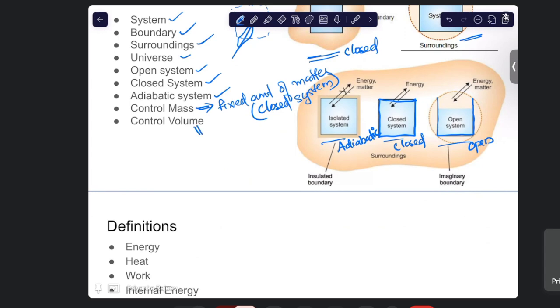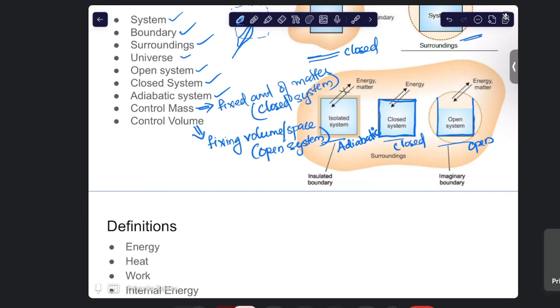Then you have control volume, which is where you are fixing the space or volume. That means it is an open system. For example, in the cup of coffee or tea problem, you can pour the coffee in or out of the cup, right?